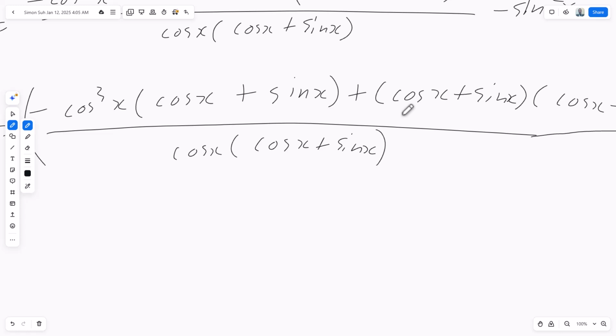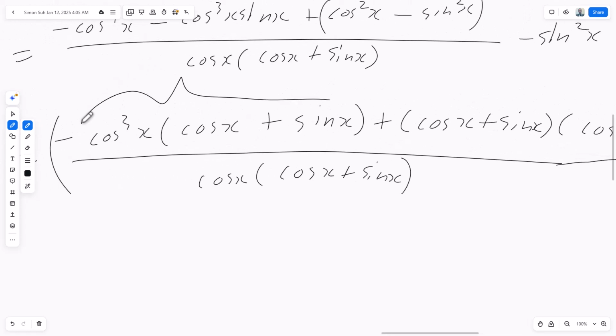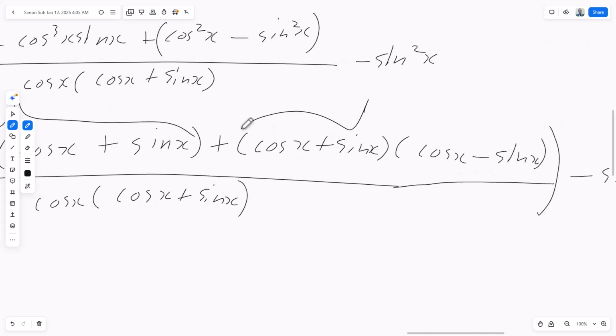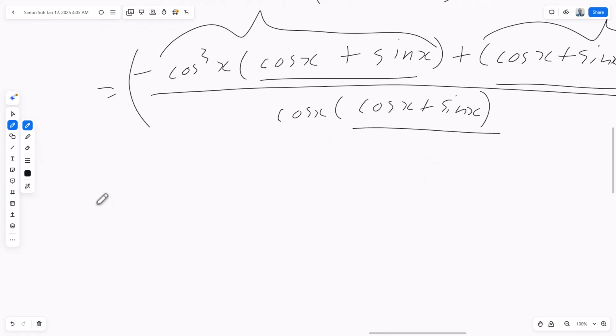Now we can do something interesting. We have these two variables here, and we have a common factor of this portion right here, cosine squared x plus sine squared x. Let's simplify this a little further. We are going to take the cosine squared x plus sine squared x out from the numerator.